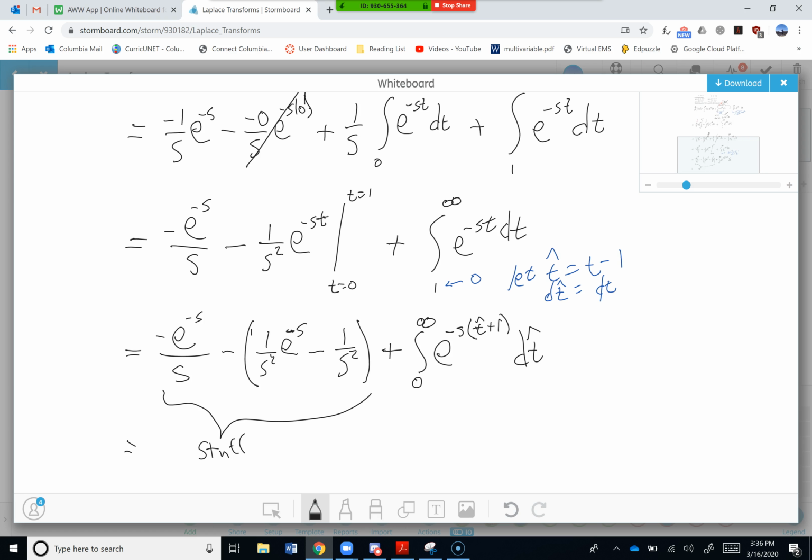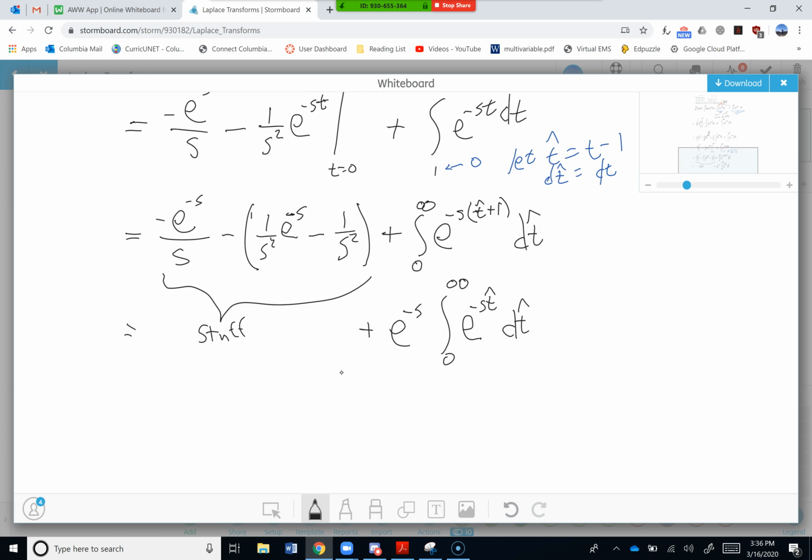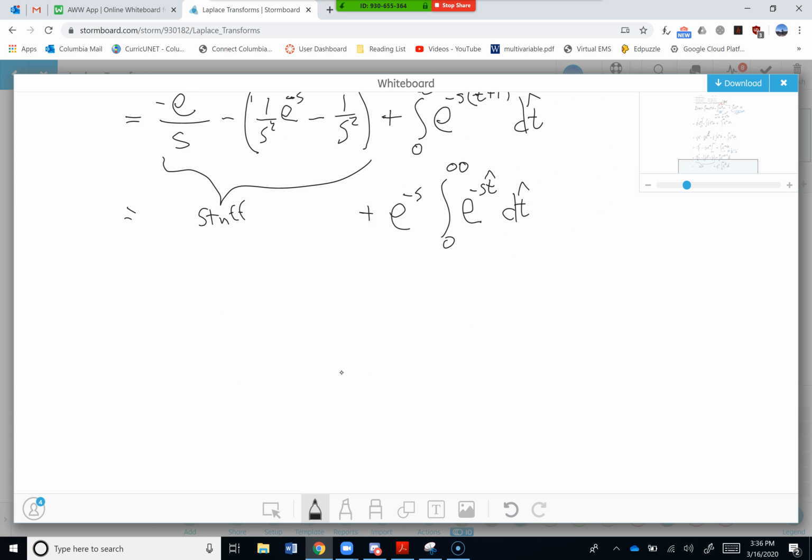And that is that stuff plus, and then this thing I'm using an exponent rule on. So that's going to be an e to the minus s times the integral from 0 to infinity of e to the minus s t hat dt hat. You guys buying that?